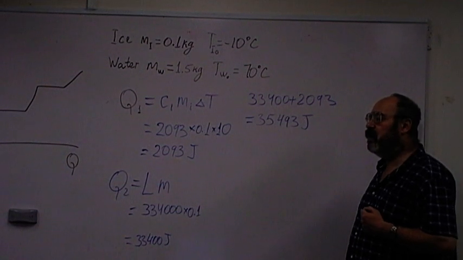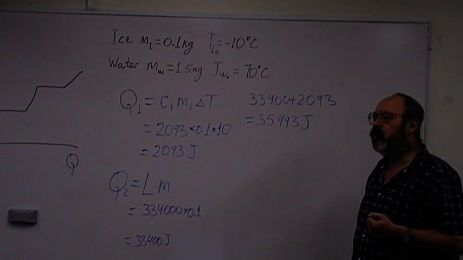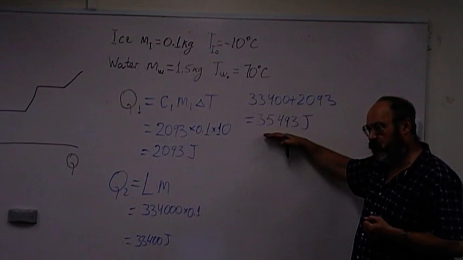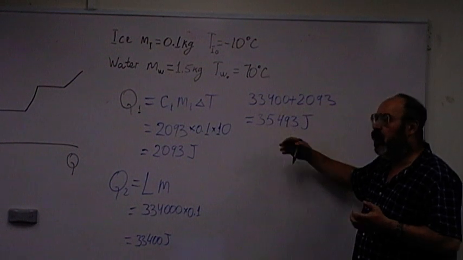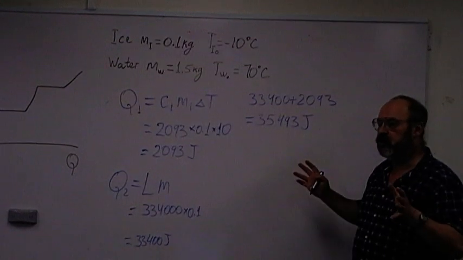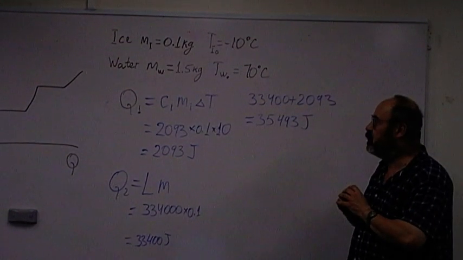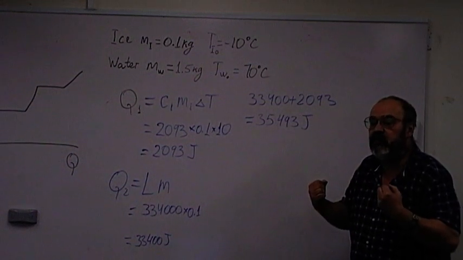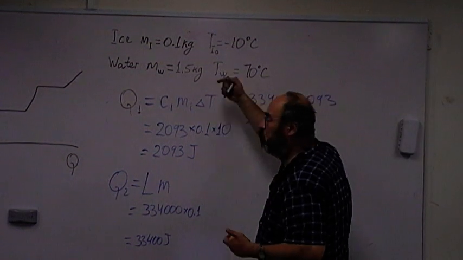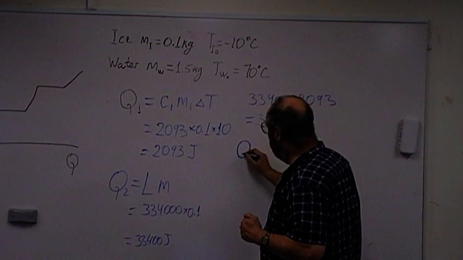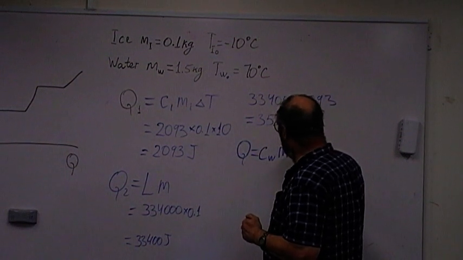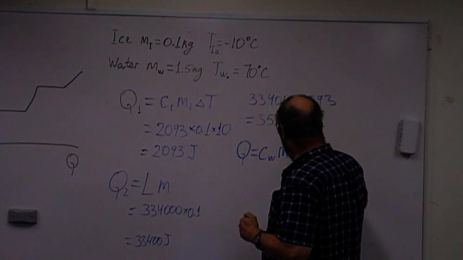Now, let's see what will become the temperature of the water when it gives that much heat. We consider there is no heat lost to surroundings, so all heat is kept inside. As much heat as the ice receives, that much heat the water gives. So the water will be cooling down. It will give up an amount of heat, C of water times mass of water times change of temperature.